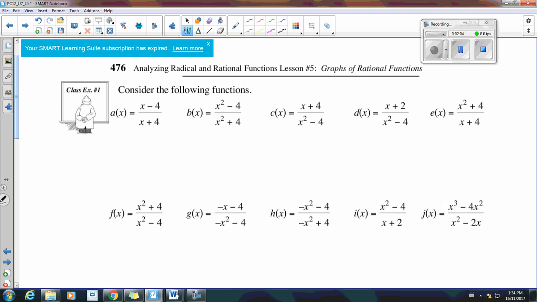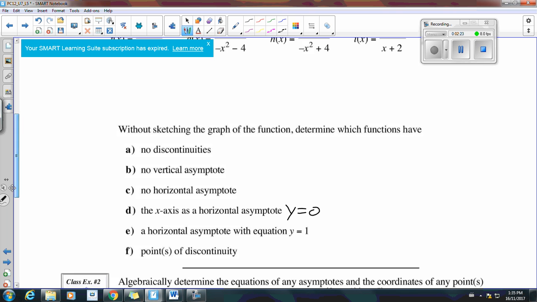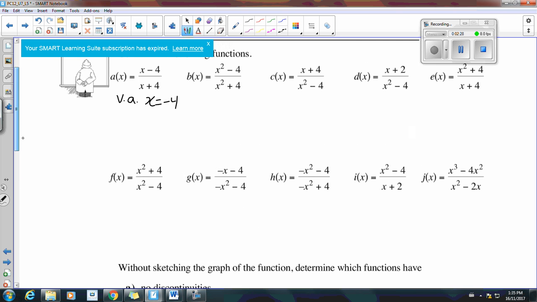So if we look at function A, they're both already in factored form. Nothing can cancel out, so it won't have any points of discontinuity. We need to look for our asymptotes. This would have a vertical asymptote at x equals -4. Well, all we need to highlight here is if some have no vertical asymptotes. So we need to look at horizontal asymptotes.